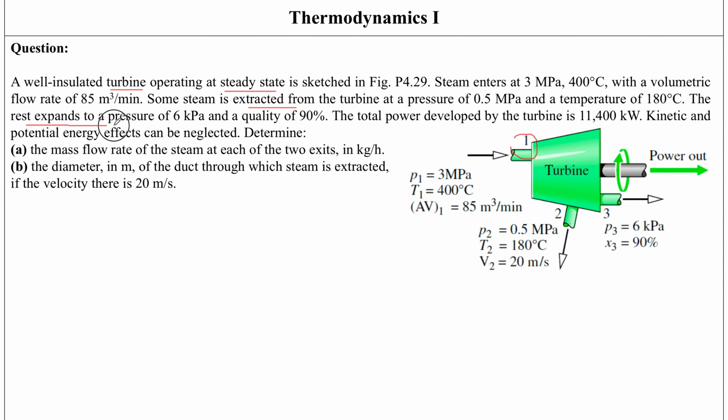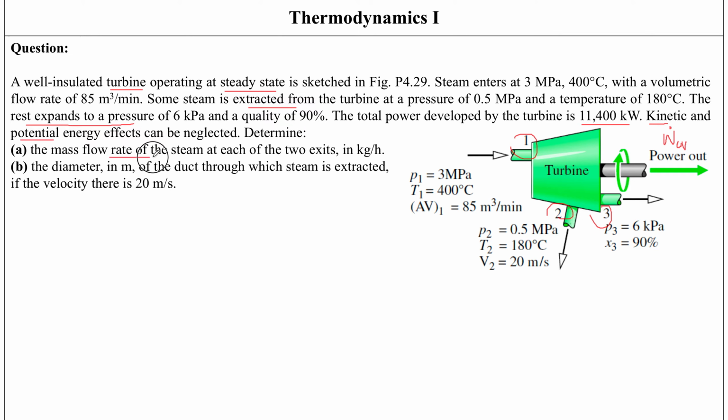So you've got one inlet and two outlets, and then you've also got total power that is being developed by the turbine. That's over here, power out, and that is your work done by the control volume. You're neglecting the kinetic and potential energy effects.